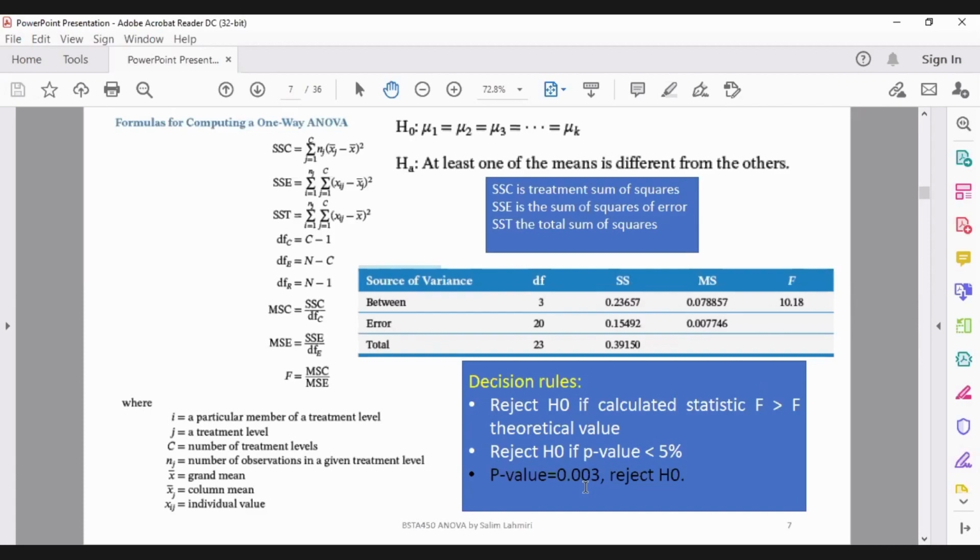Yes, because the p-value of F is equal to 0.003, less than 0.05, you reject the null hypothesis of equality of means and accept the alternative one, meaning that at least one of the experiments has an average different from one of the others. Okay?